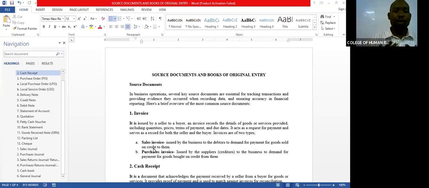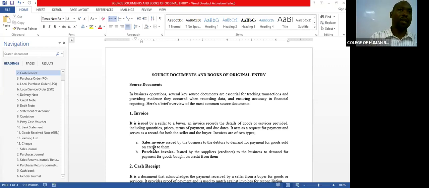If we sell goods on credit, those who buy those goods we normally refer to as debtors. Therefore, we send them a sales invoice demanding them to pay for the goods already sold to them on credit. It is a document that requests payment for the goods already sold on credit.